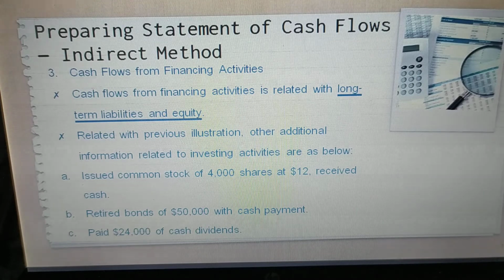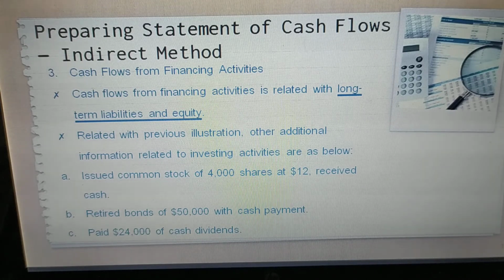For A, issue common stock of 4,000 shares at $12, receive cash, and then retired bonds of $50,000 with cash payment, and then paid $24,000 of cash dividends. Remember, there must be the word cash inside the information. If there is no cash, we cannot input it in the statement of cash flows. Retired bonds means we pay our bonds.